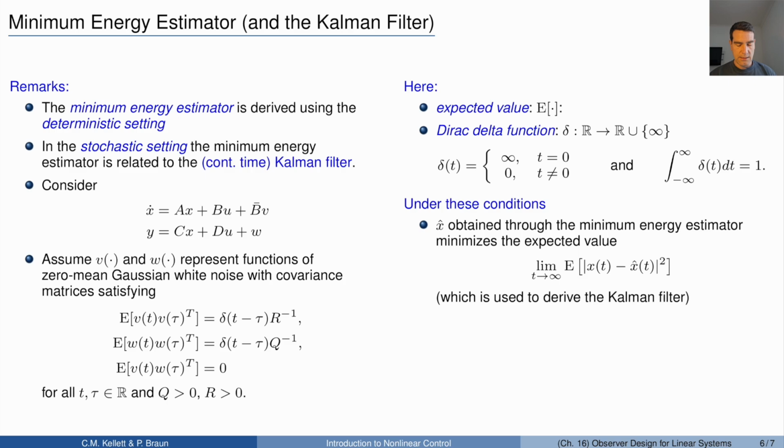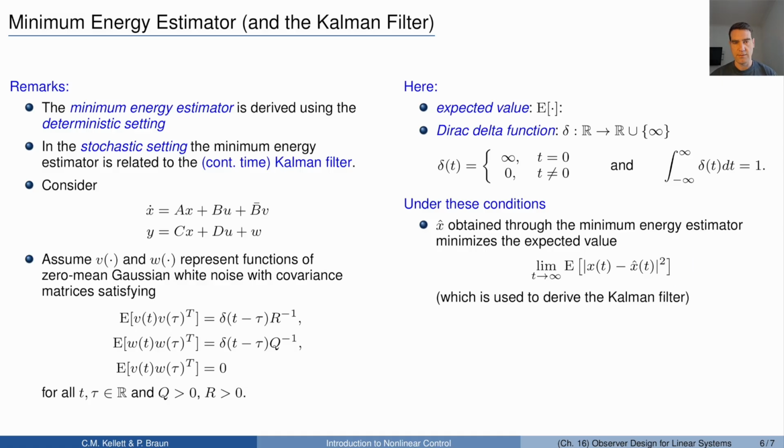Then, under these assumptions, X hat, in this case obtained through the minimum energy estimator, actually minimizes the expected value here.